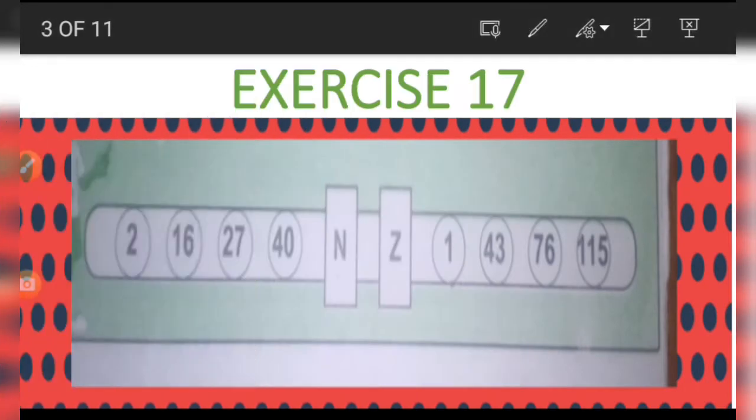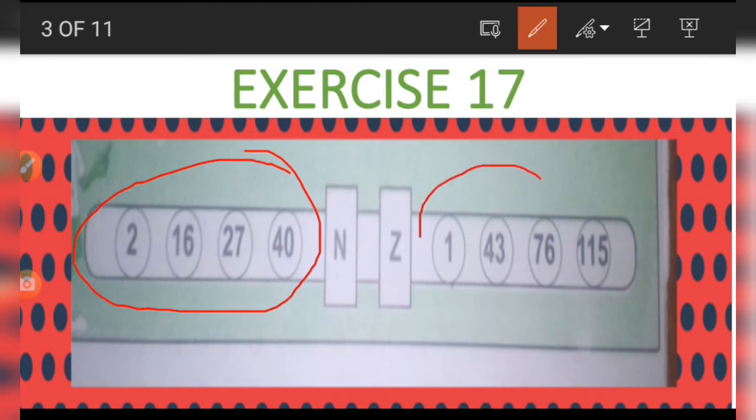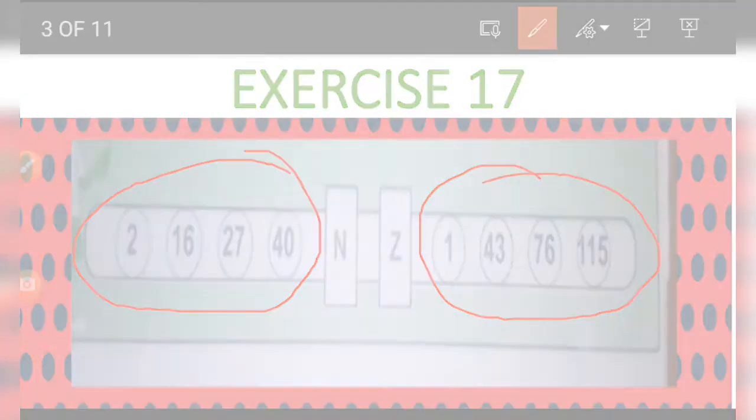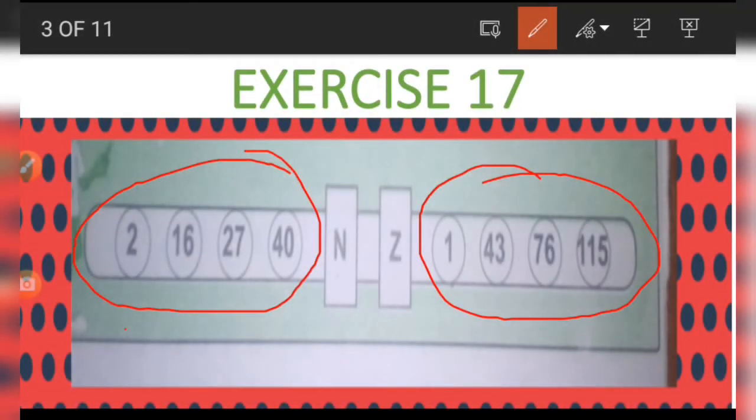In this first example, we are going to make use of two imaginary numbers. The numbers on the left will help us to get the numbers on the right, making use of these two imaginary numbers. Alright, so now let's begin.